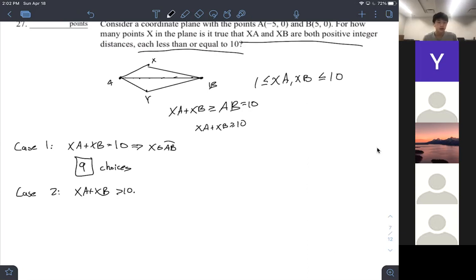So for any pair of values XA and XB, there's actually a pair of points, X and Y, both of which satisfy the values XA and XB. So we'll have 2 times over here because there's 2 choices for each pair XA, XB.